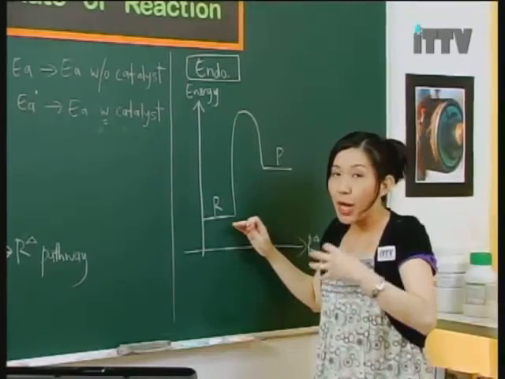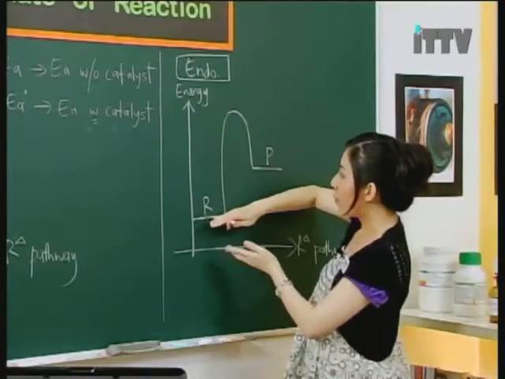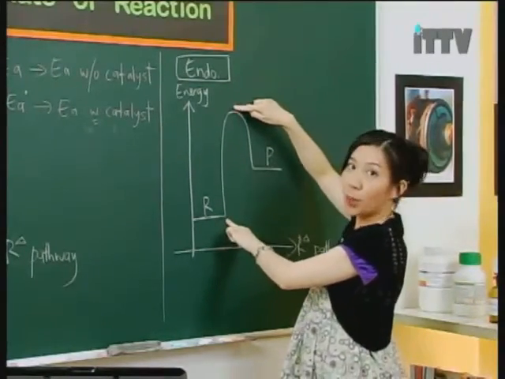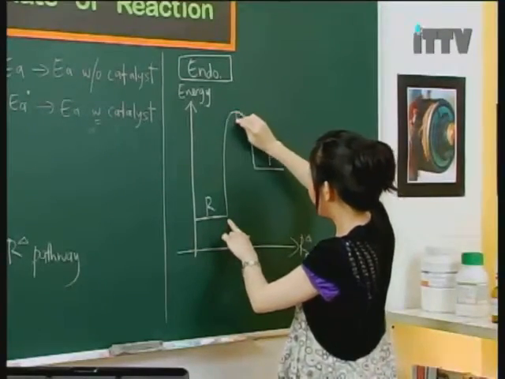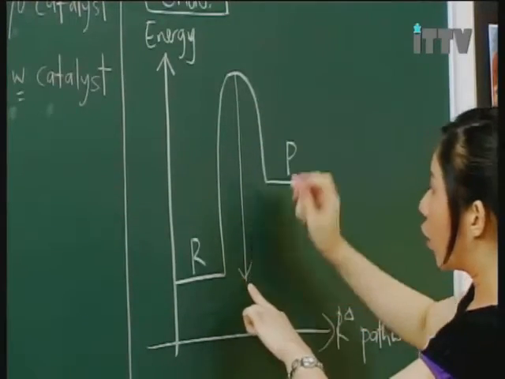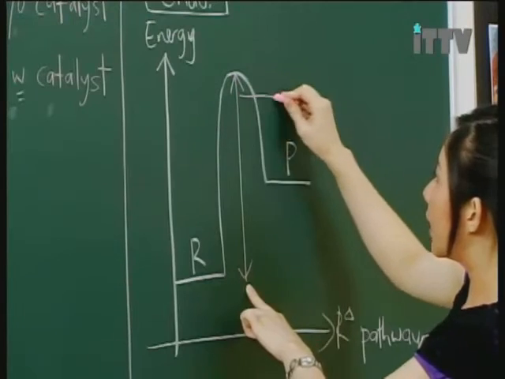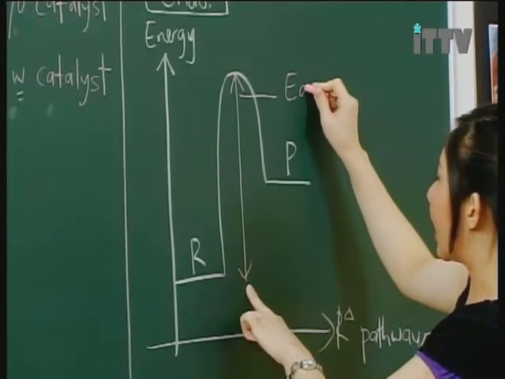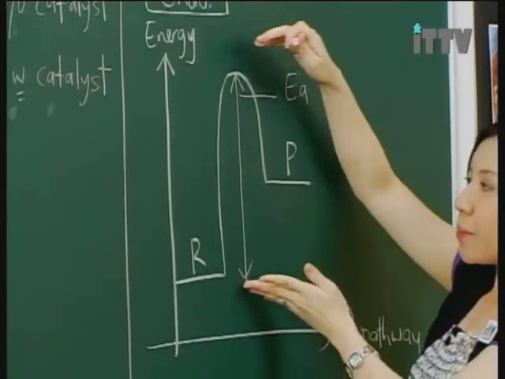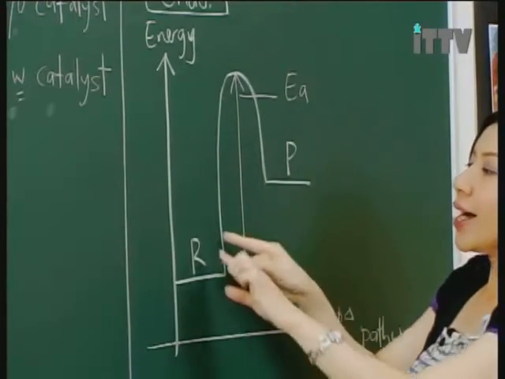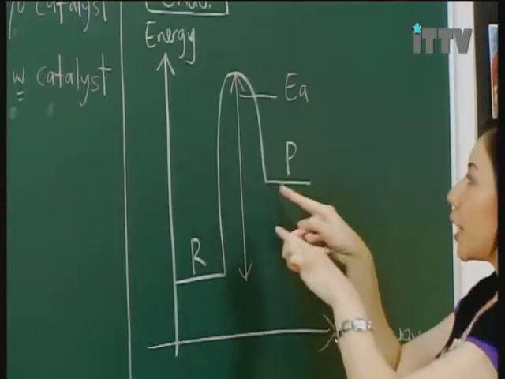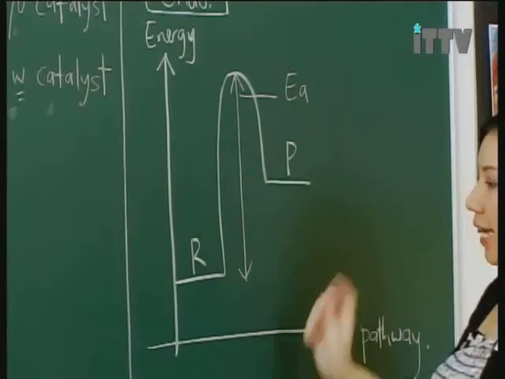So as a guide to help you remember, it's always from reactants all the way to the top of the peak. So this here will be EA. This is the minimum energy required by the reactants to become products.